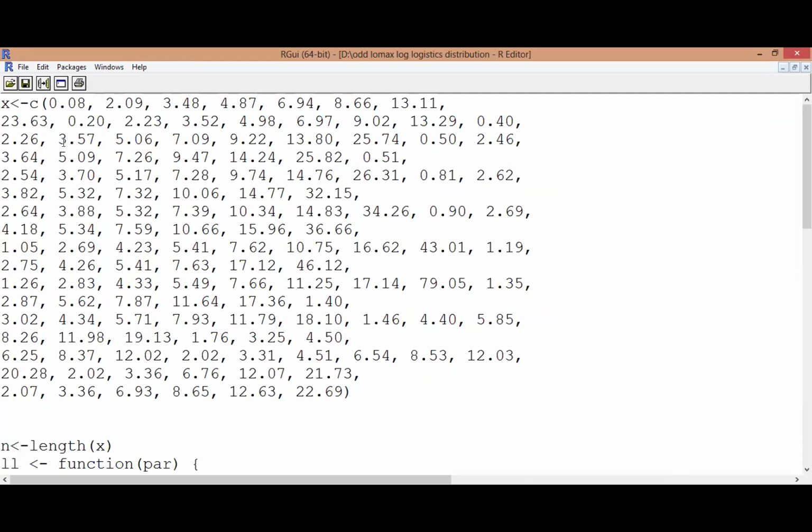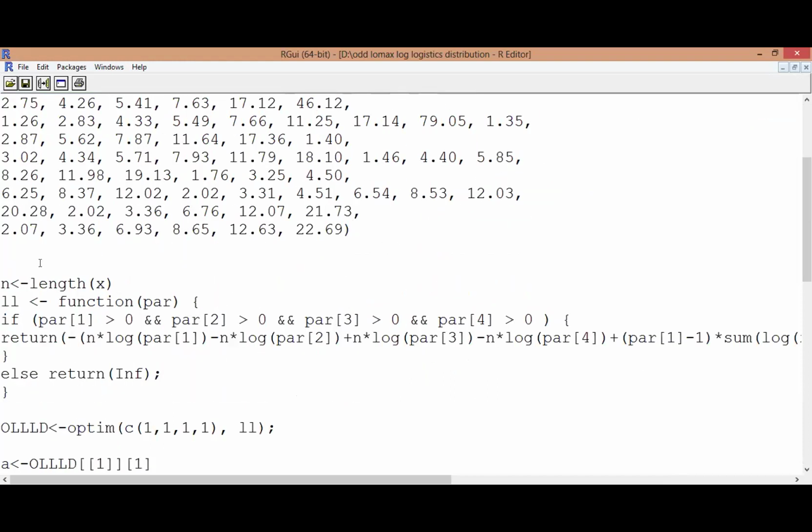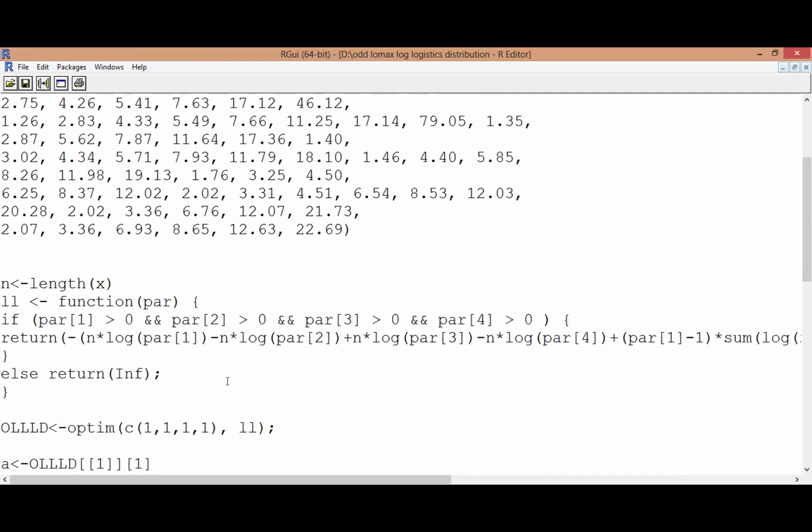This is the data, 120x. And then we succeed in creating the log likelihood. This is the log likelihood. Like we said before, in the research article we only have the likelihood, like in equation 40x. So we must take the natural logarithm of the likelihood, which we call the log likelihood.